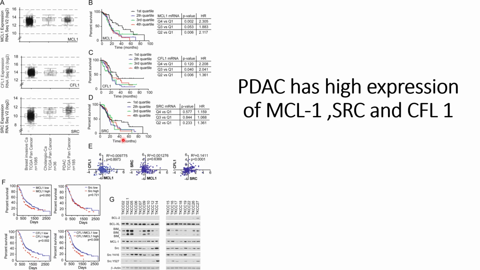Thereafter, they checked the relationship between MCL1, CFL1, and SRC, and what they found is that SRC and CFL1 have some kind of positive relationship, as its R squared value is higher compared to the other cases, but it is not close to 1.